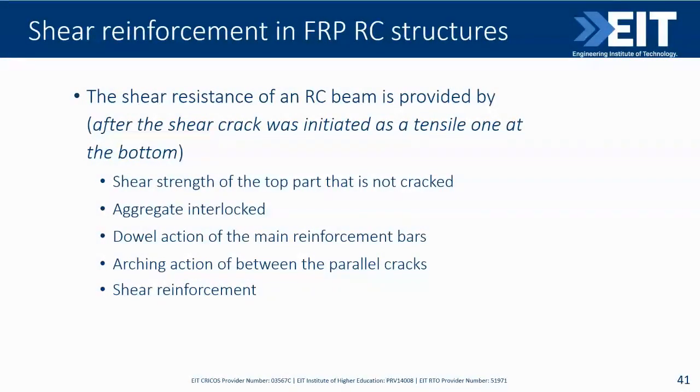The shear resistance of a steel reinforced beam is provided by shear strength of the top part when it's not cracked, by so-called aggregate interlock, which is the friction between the two sides of the crack, and then dowel action of the main tensile reinforcement bars, or arching or elbowing action between the parallel cracks.